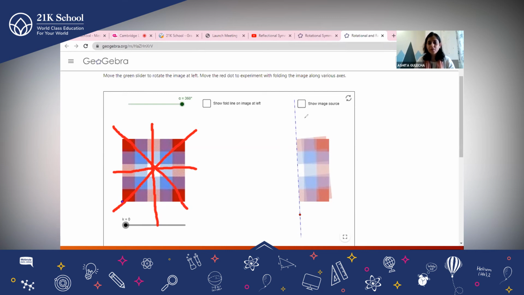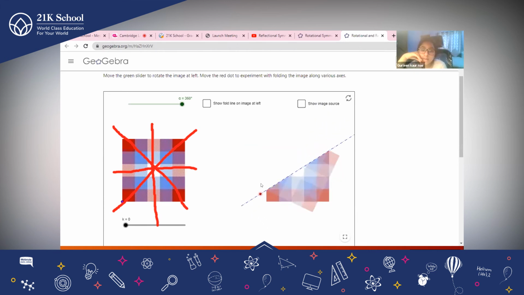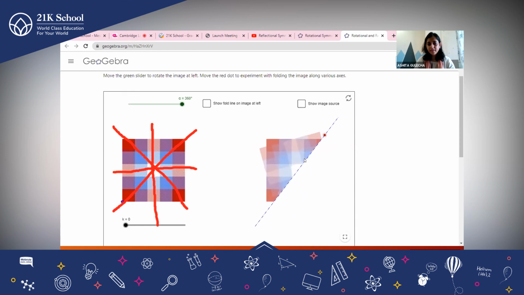So 4 lines of symmetry you can have, and the same can be checked by rotating this line of symmetry here. You can check 1, 2, 3, and this 4. All right, so the square has only 4 lines of symmetry.